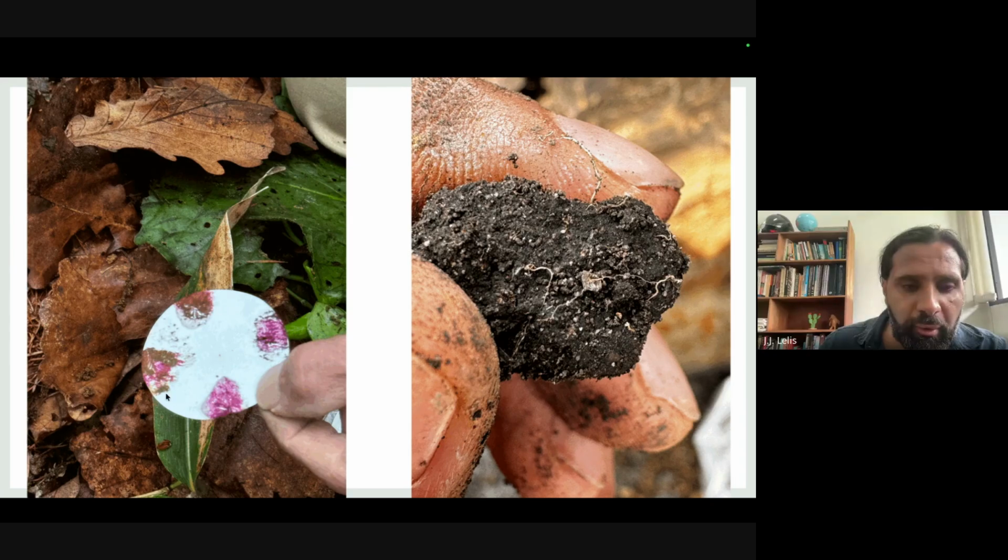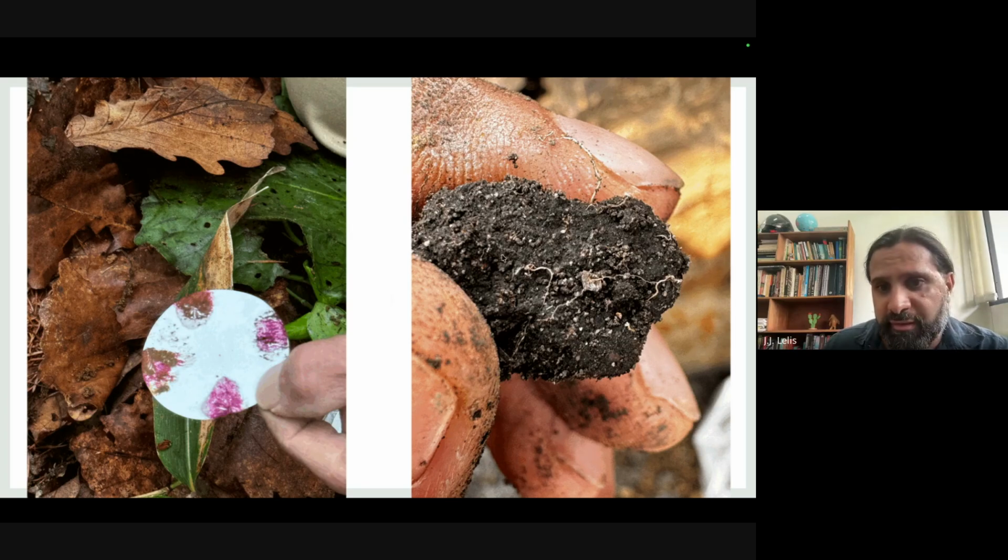I also already showed you this filter paper with some phenolphthalein that expresses these andic properties in some soils when I mix them with some sodium fluoride, and they showed a strong alkaline reaction, and because of this they get purple or pink, and you can see the andic properties even in the field.